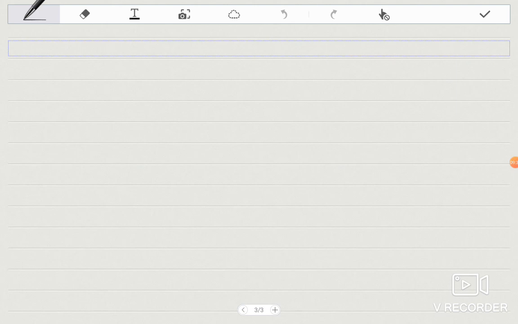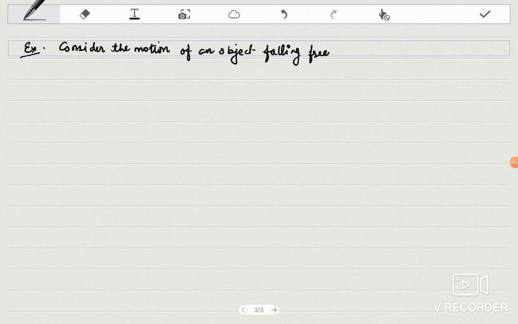Suppose we consider the motion of an object falling freely under gravity through a vacuum, which simply means that there is no air drag.